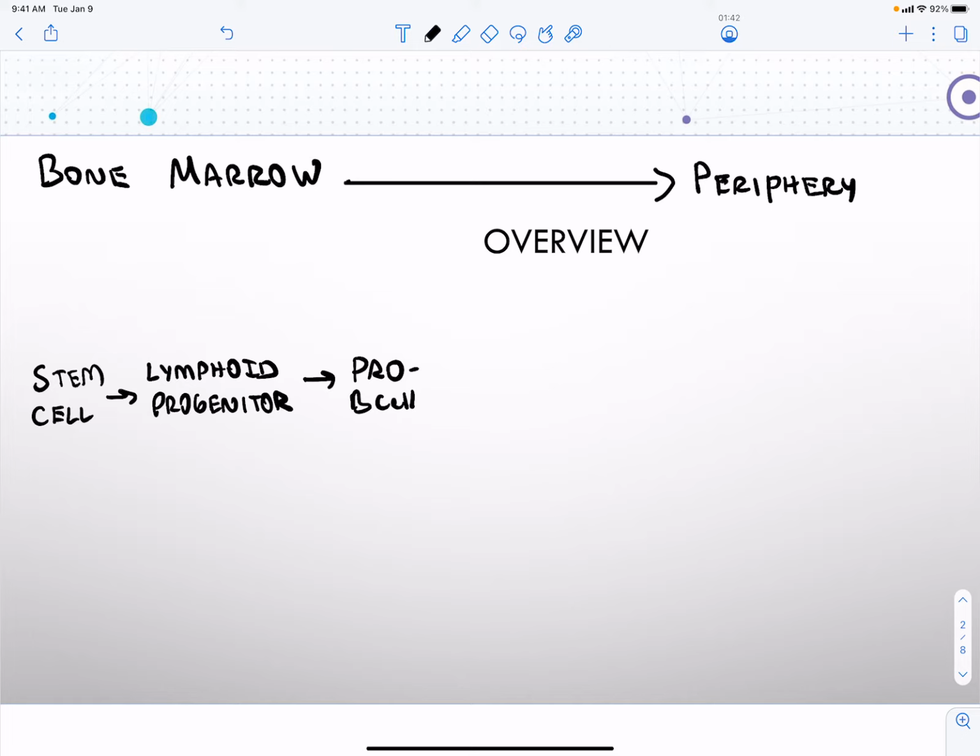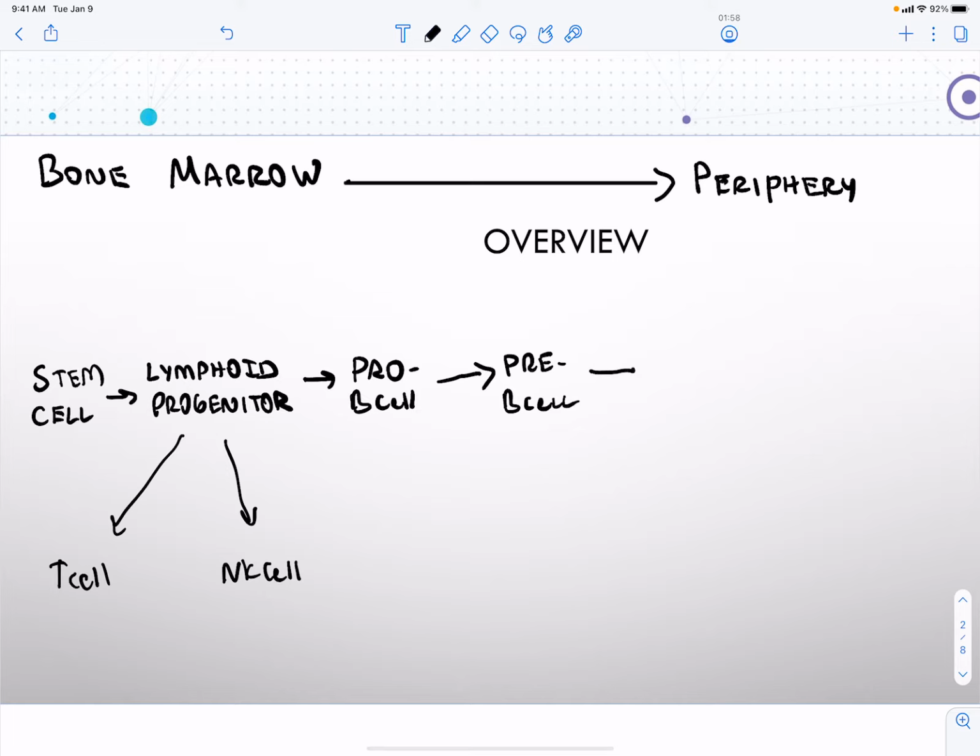Now, keep in mind, it could have become a T cell or an NK cell. Now, this pro-B cell is going to become a pre-B cell. And then it's going to become an immature B cell. And then it's going to become fully mature in the periphery.